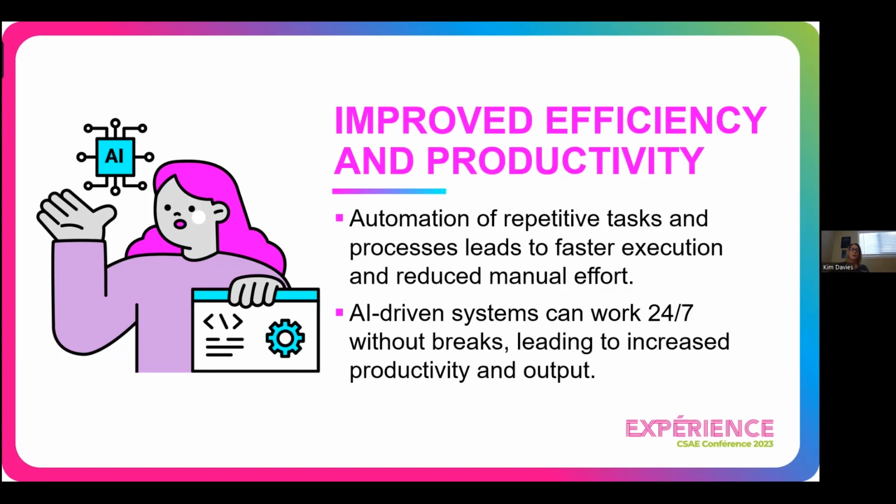But for the simpler rule-based tasks, consider using a workflow automation tool like Zapier or Microsoft Power Automate. For tasks that involve a little bit more complex decision-making, maybe choosing an AI platform like IBM Watson would be more beneficial.